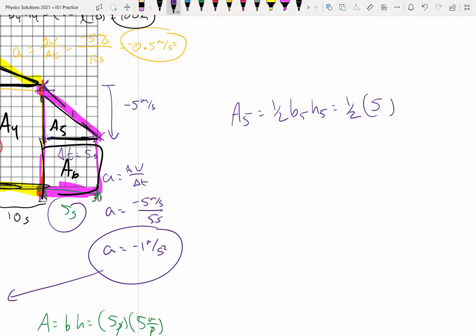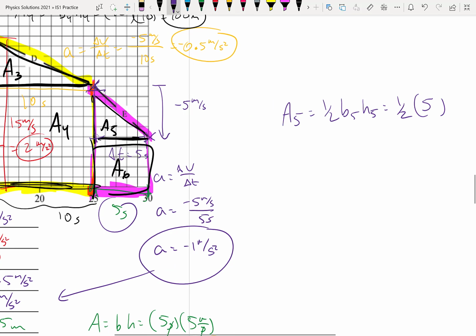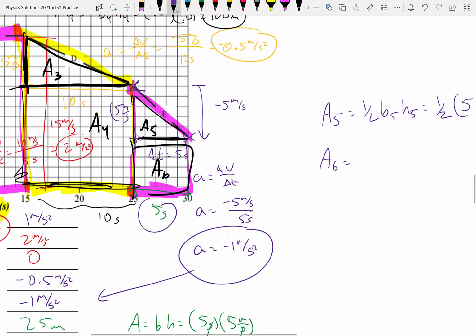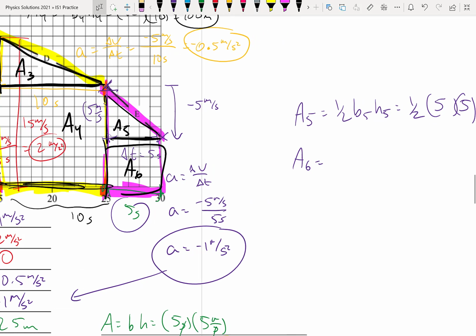That'd be my height, 5 meters per second. So that's 25 times 1/2, which I think is 12.5 meters. And then lastly, area 6. It's just a rectangle. Rectangles are base times height.